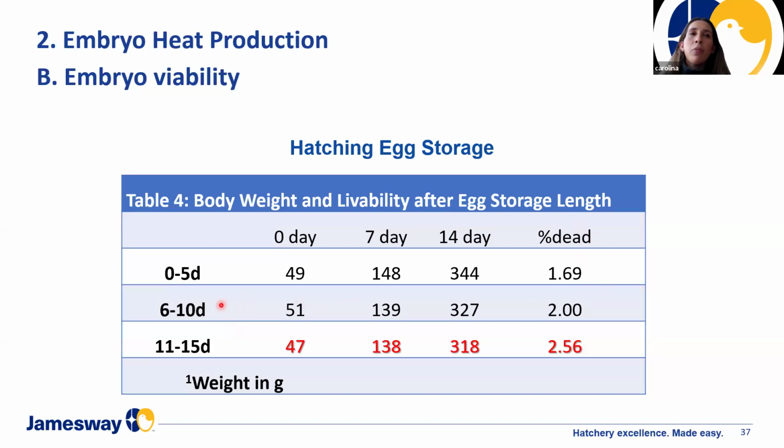From 0 to 5 days, we had 1.69% of chick death in the first week compared to 2.56%. And one of the reasons why they usually die is because, as egg storage days increase, we will have more contamination.